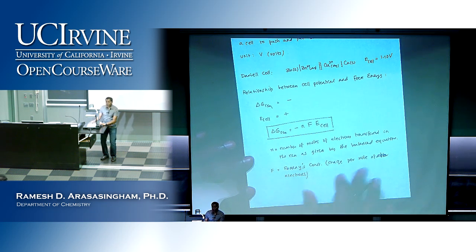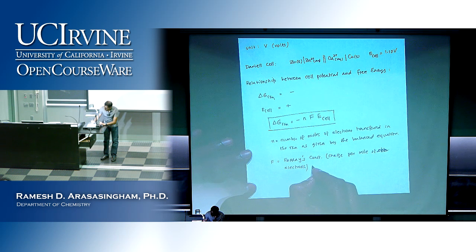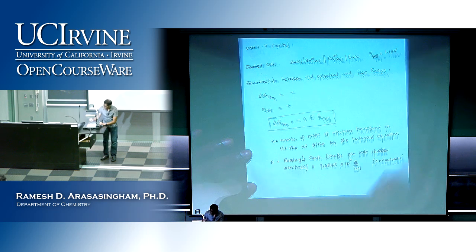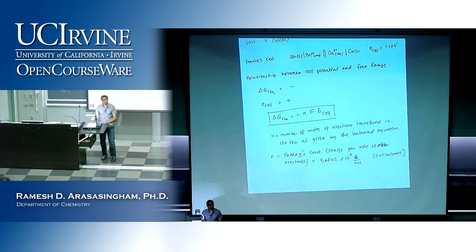And this is a constant, and it has a value of 9.6845 times 10 to the power 4 coulombs per mole, where C equals coulomb. The unit for charge, remember, is coulombs.